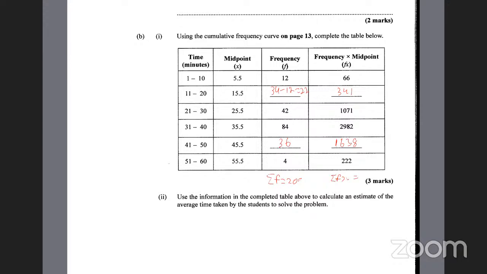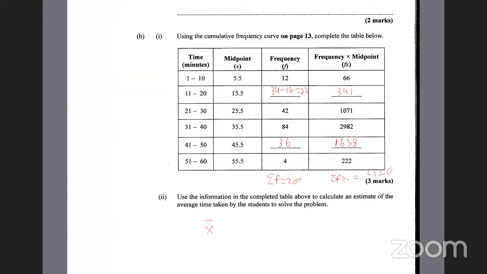So adding that to 222 plus 2982 plus 1071 plus 341 plus 66, I have 6320.